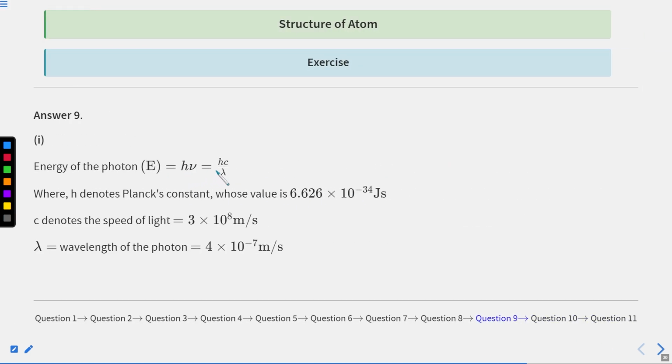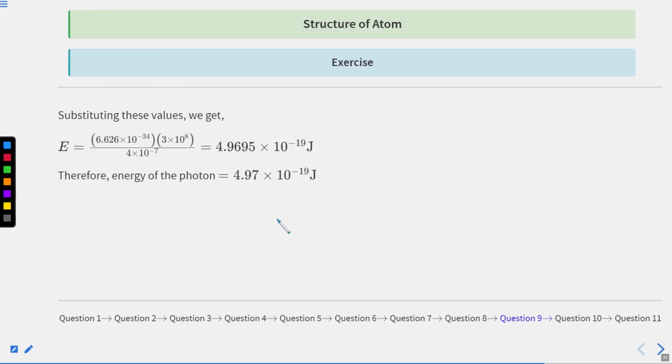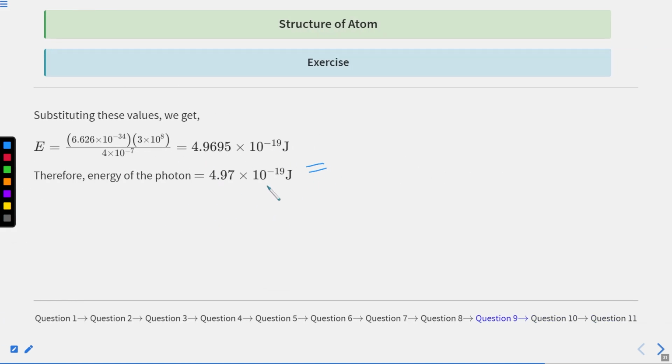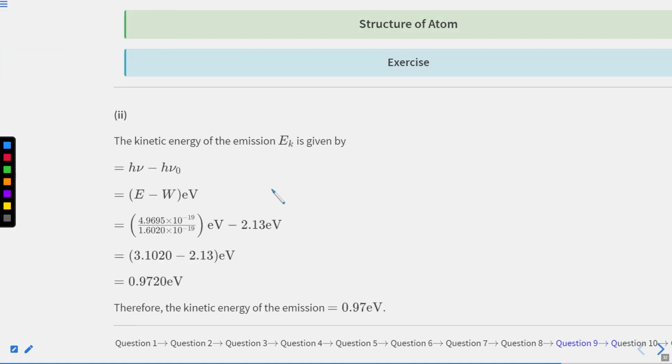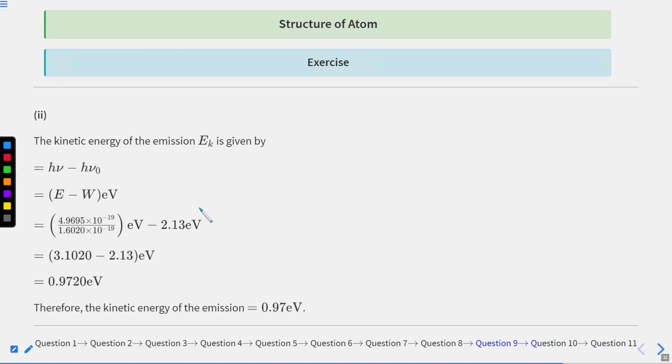We have calculated the energy with this formula, which gives the energy of one photon. Now we have converted this into electron volt. For that we have multiplied it with 1.6 into 10 to the power minus 19. Why have we divided it? Because 1 joule is equal to 1.6 into 10 to the power minus 19.